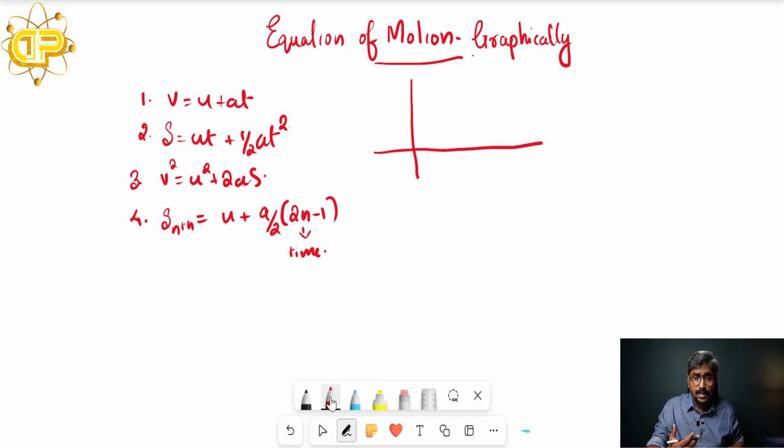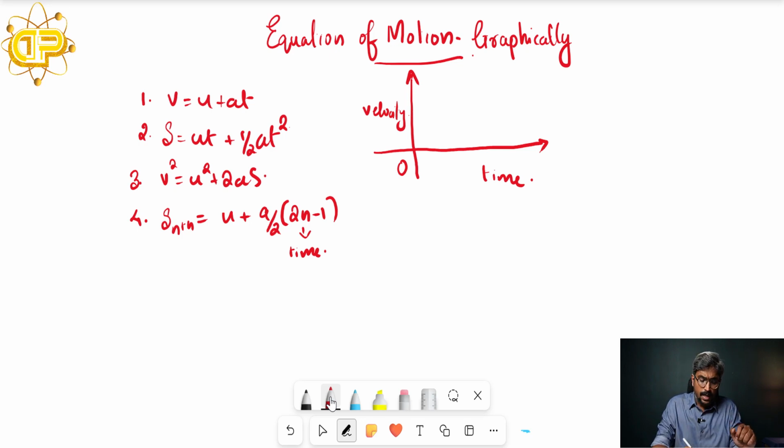Before starting, as a prerequisite, I am using a coordinate system, and this is the origin, and the x-axis is denoting the time, and the y-axis, I'll put the arrow mark, is denoting the velocity. So these are the basic credentials.